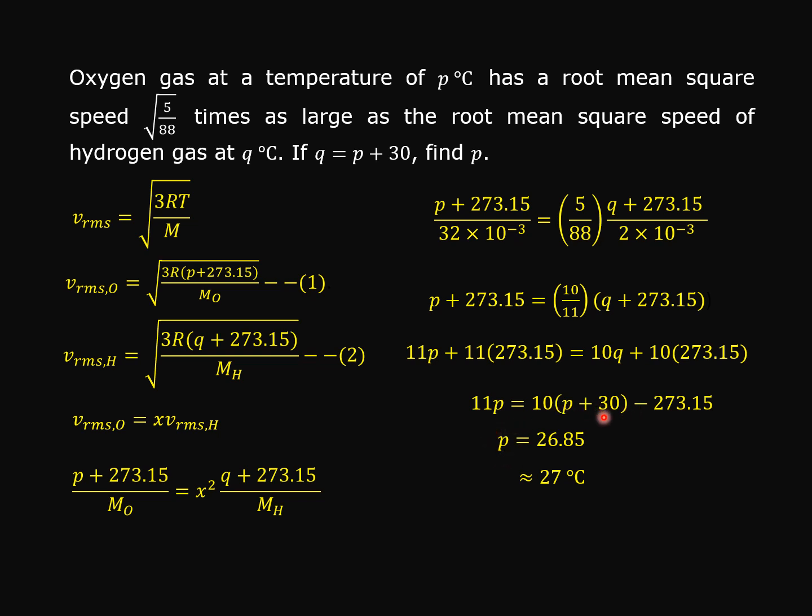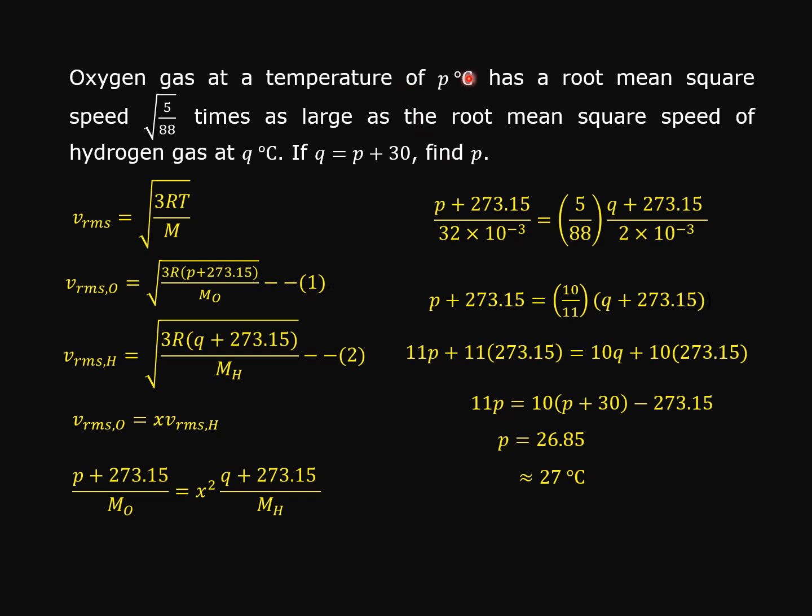And 10 times 30 gives 300, minus 273.15, we have 26.85. So it is approximately 27 degrees C. This is the temperature of the oxygen gas.